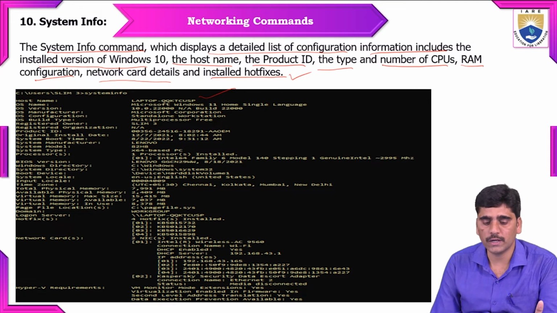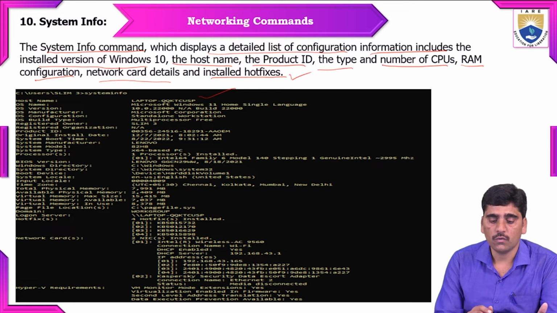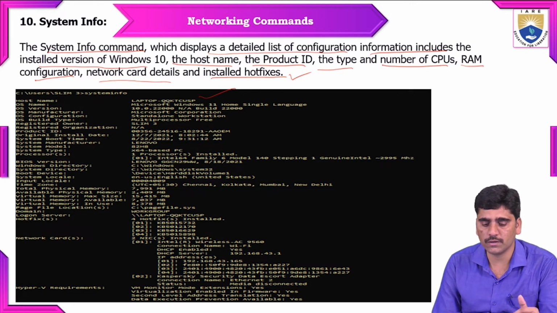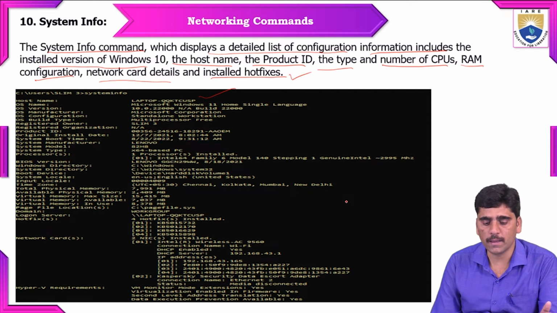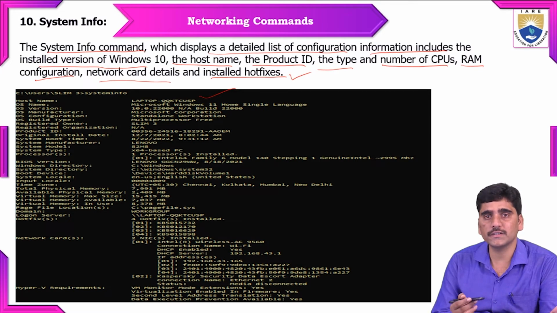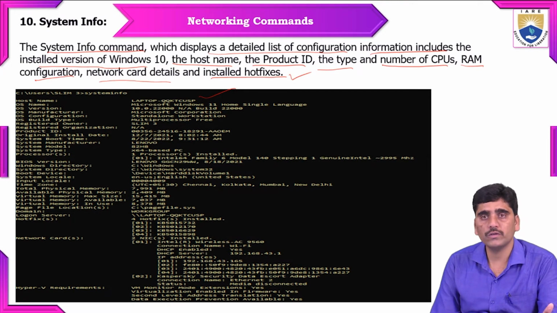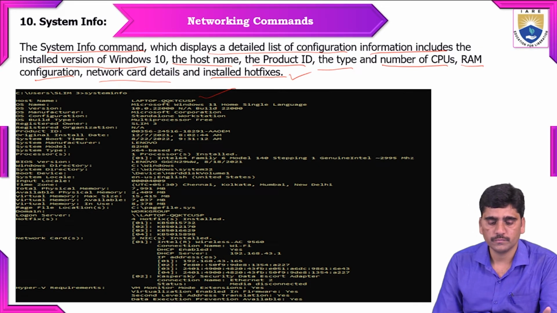So it is built for multiprocessor free type, and the registered owner is mentioned, registered organization is mentioned, the product ID is mentioned, original installation date is mentioned, 12/7/2021, and the system boot time is also mentioned, 8/22/2022, and the system manufacturer is Lenovo. It is able to display who is manufacturing that system.